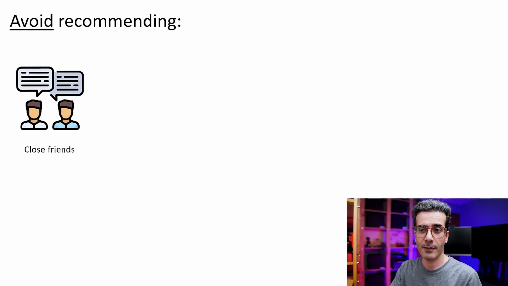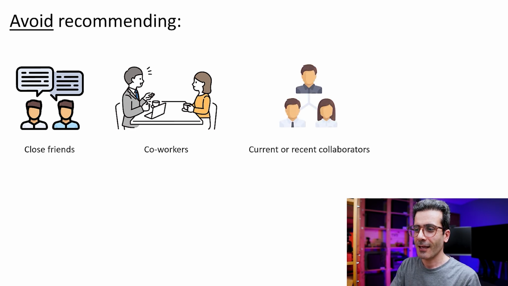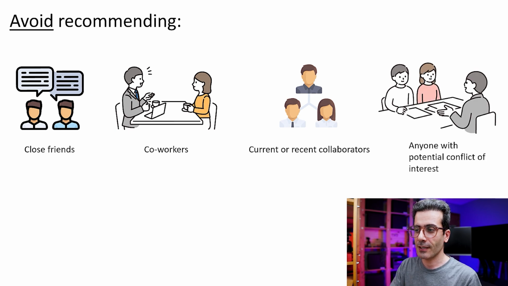But who should you avoid having as your reviewer? There are a couple of them here. You shouldn't recommend a close friend, because they are going to say, yeah, that's a great paper. The next one is you shouldn't recommend your co-worker, for the same reason, and any recent or current collaborators that you have, and anyone with a potential conflict of interest.